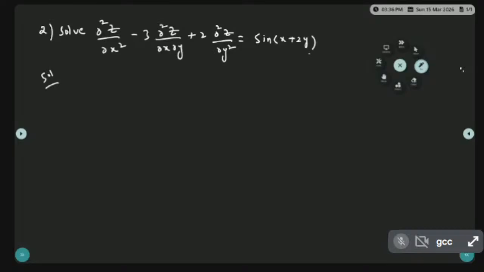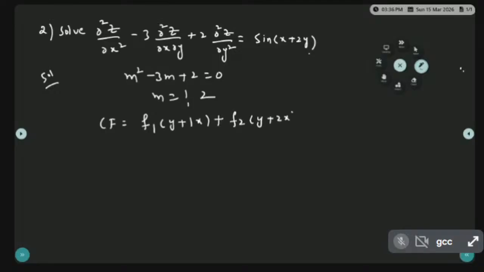M square minus, what is CF, plus F2 of, right.